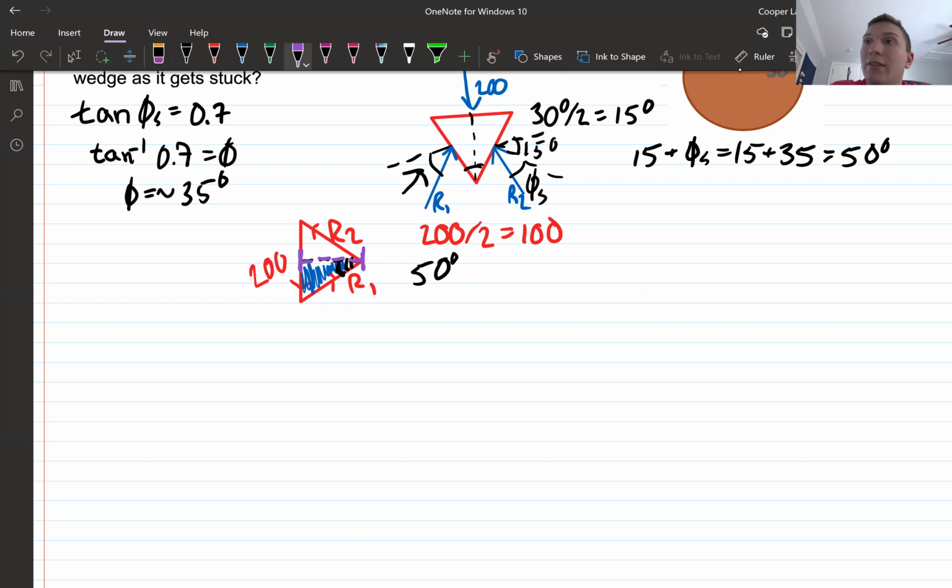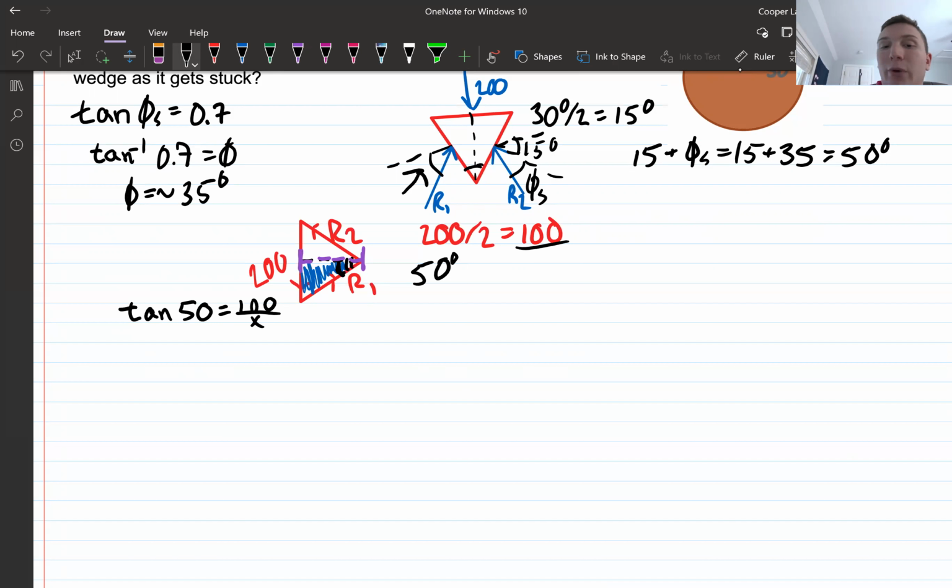So when we do this, we're going to take our tangent of 50, because we don't know R sub 1, so we're going to want to use our tangent. So tan of 50 equals our opposite. In this case, we know it's 100 divided by our same side, which we don't know. So I'm going to call it x.